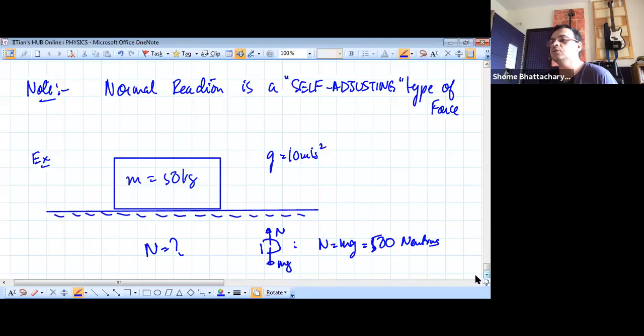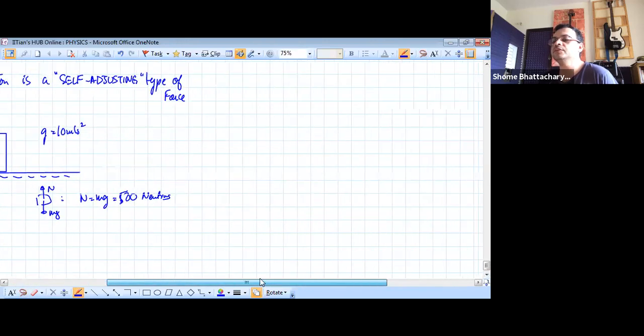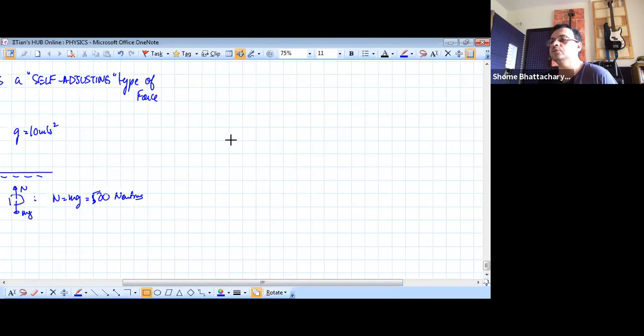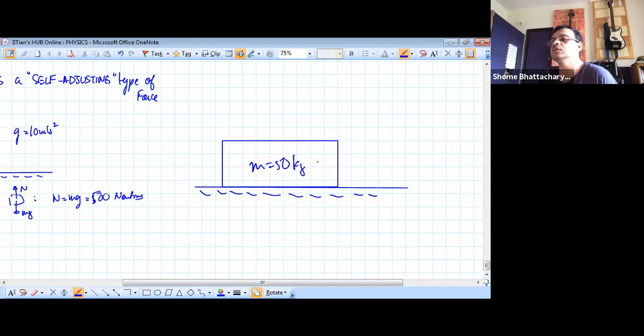However, now let us do one thing. On the same setup, if I make a change, and what I do is, while this block of mass 50 kg is on the ground, I apply an external force on this block, pushing it down. So there's some external agent pushing this with a force like this.